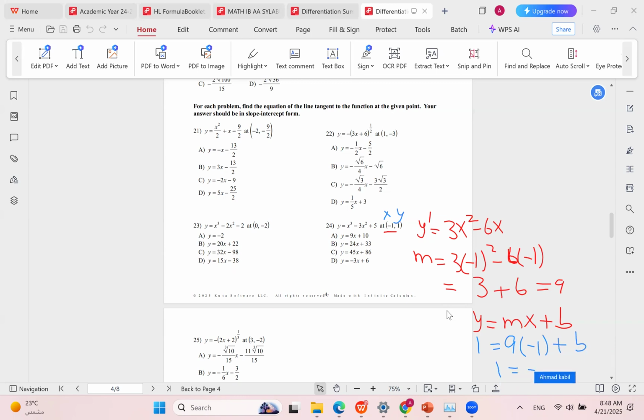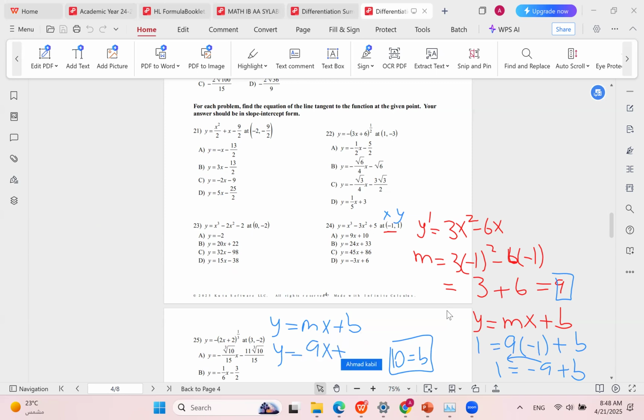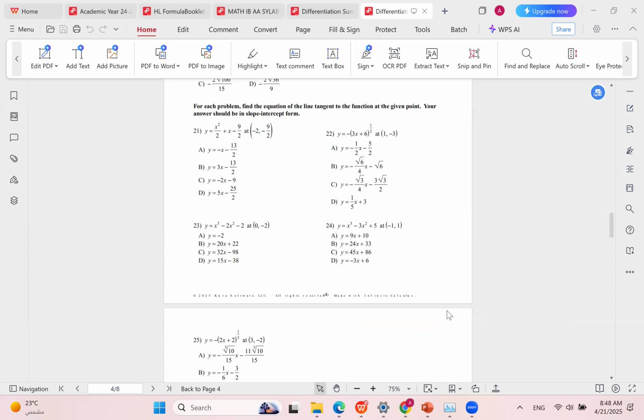So 1 equals -9 plus b. So 10 equals b. Now that we have our m and our b, we can write the equation as y equals mx plus b, which is y equals 9x plus 10. So the correct choice here would be choice A.